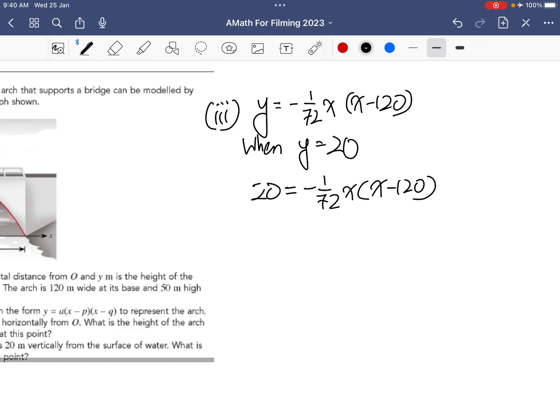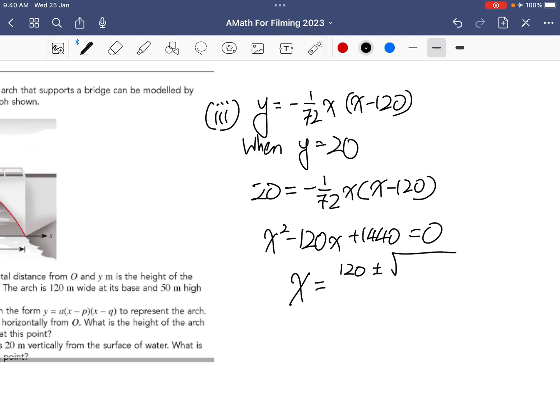If you simplify everything, what you should get is x squared minus 120x plus 1440 equals 0. I suggest you pause the video and try to simplify this to this. This would have been learned in your EMAT itself. Then I apply the quadratic formula: negative b plus or minus the square root of b squared minus 4ac, over 2a.